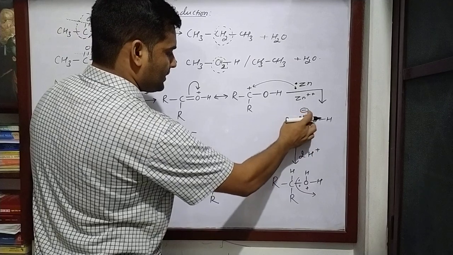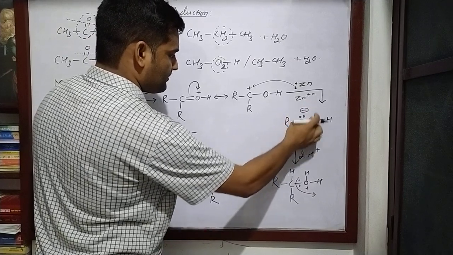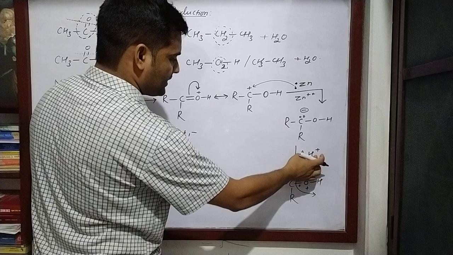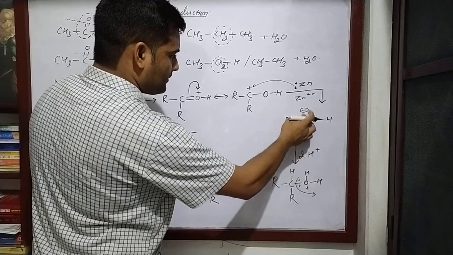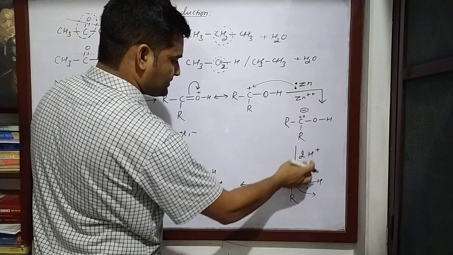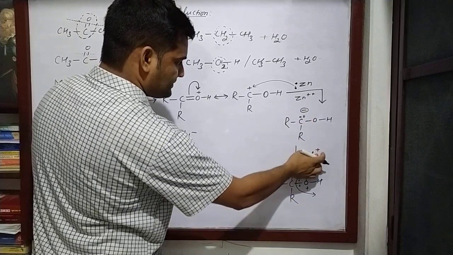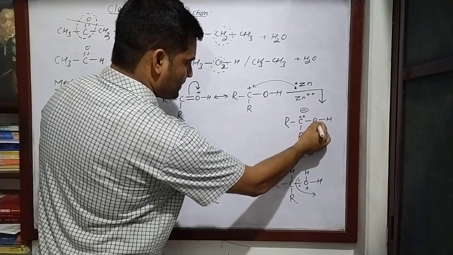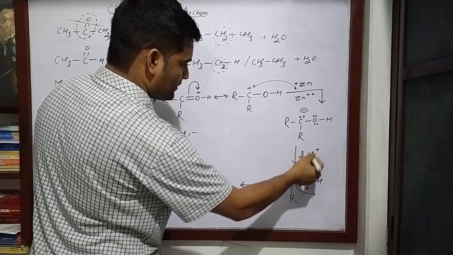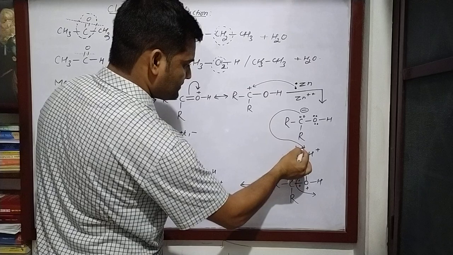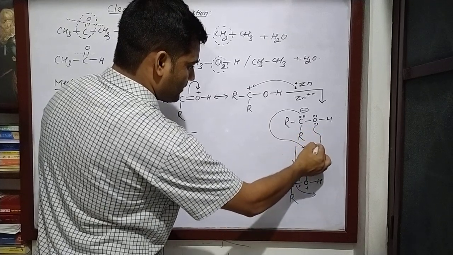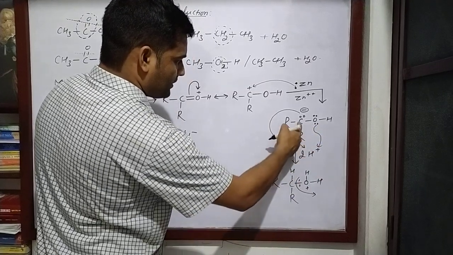Again, when a carbanion is formed on carbon, this negative charge is attracted by H+, which forms a bond with the negatively charged carbon, and another H+ attacks the lone pair of electrons on oxygen.